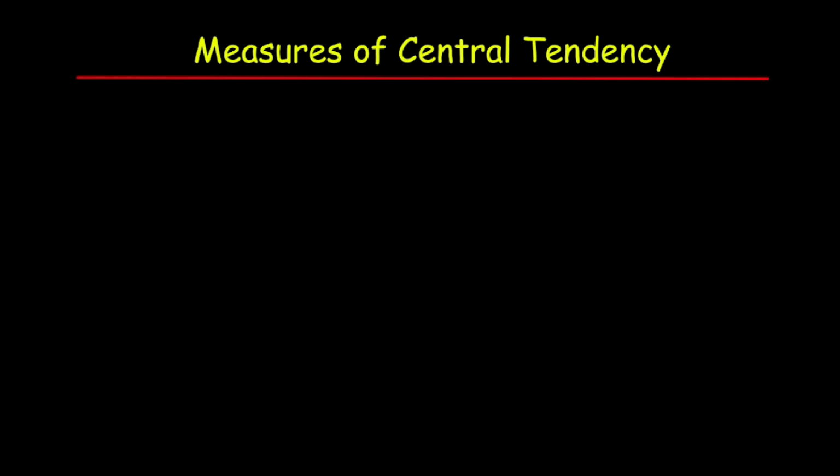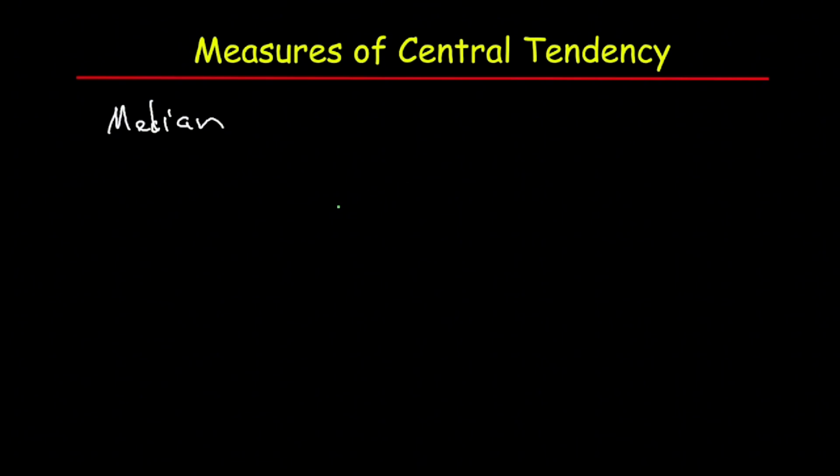Okay, so now let's talk about the median. The median is another way of measuring the central tendency. The median just takes whatever value is in the middle of the group. First of all, you need to sort the group.